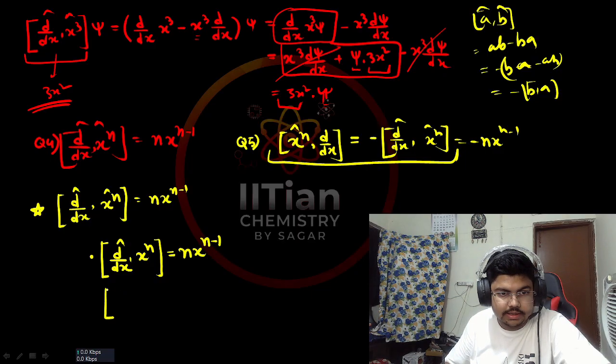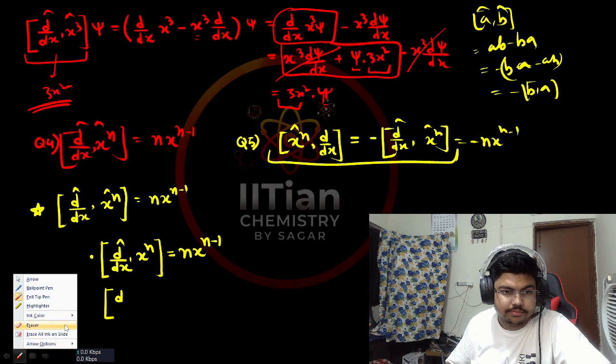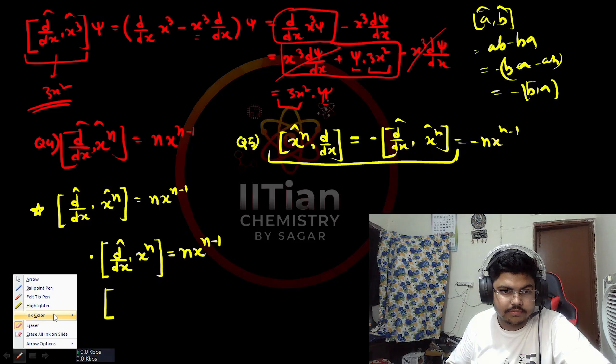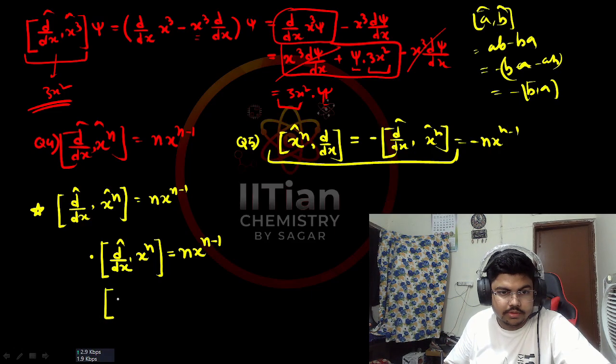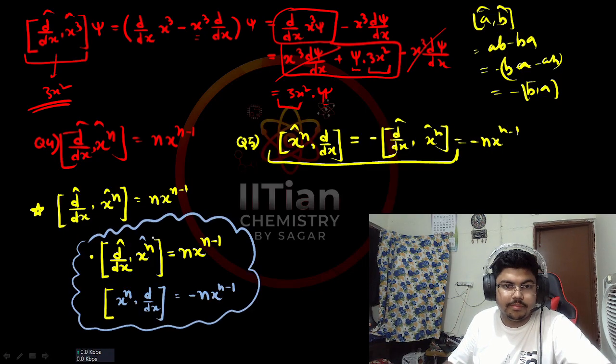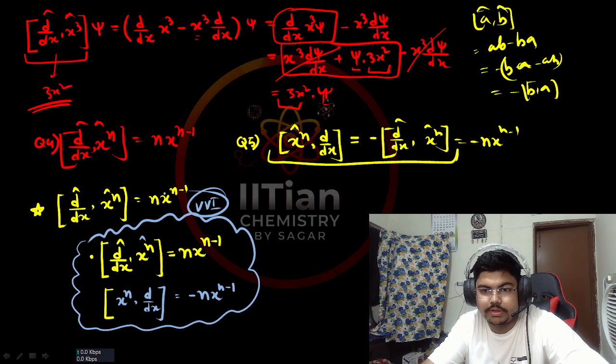And if it is x to the power n operator comma d/dx, it will be minus n x to the power n minus 1. Okay. So these two very important formulas we have derived with questions, isn't it?